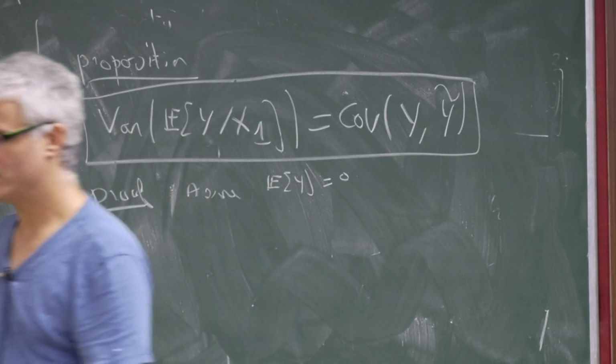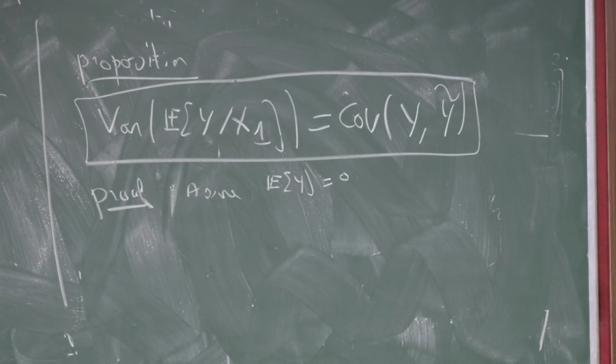The proof is not too difficult. It's always possible to assume that E of y equals 0. If not, you just subtract the expected value.